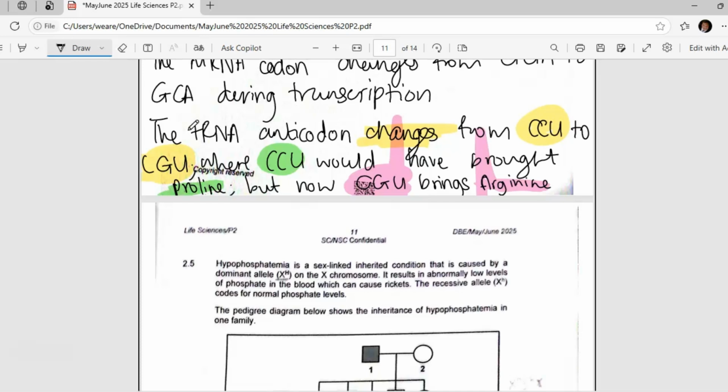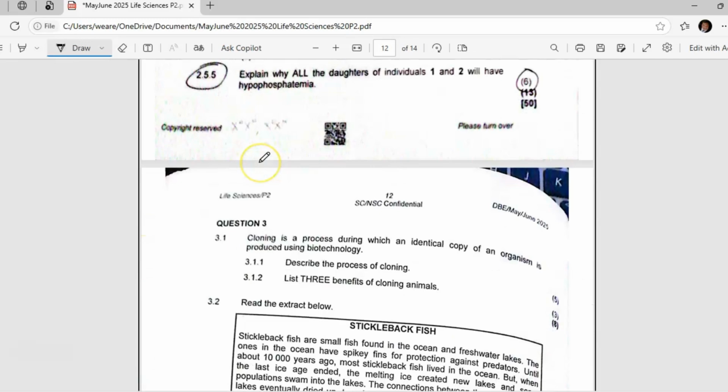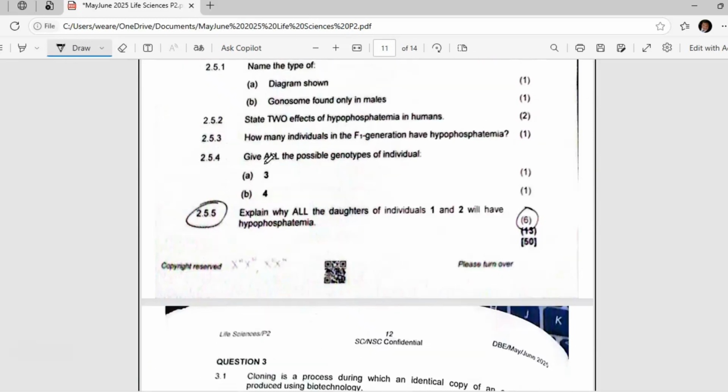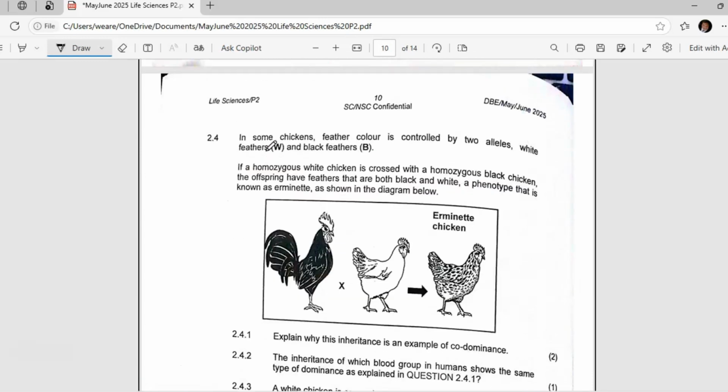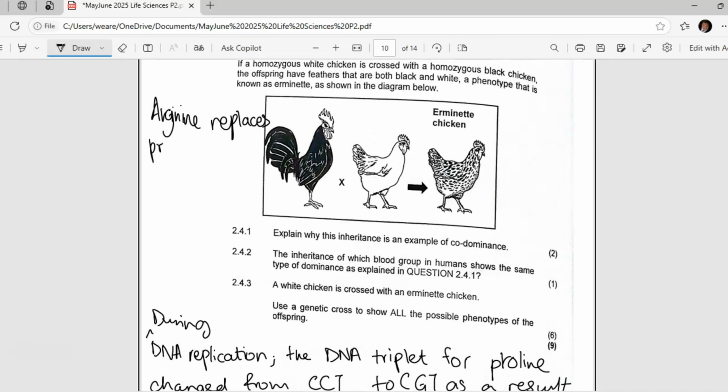Now you need to say what is going to happen because of all of this. There are no more free spaces, so I'll write here. Because of that change from DNA to the tRNA, arginine is now obviously going to replace proline in the polypeptide chain.